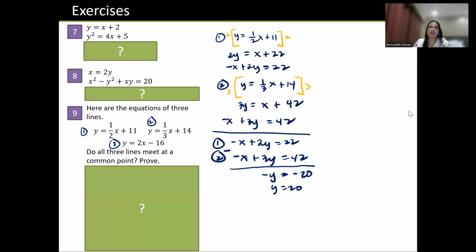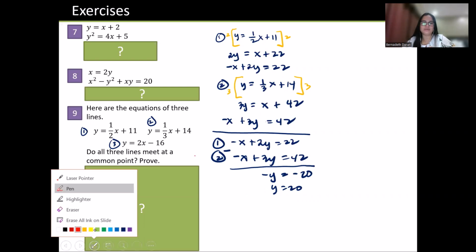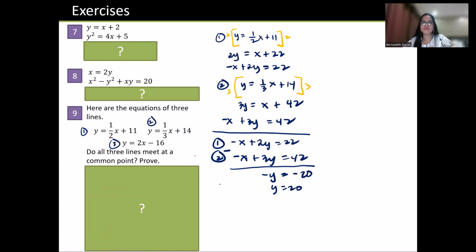So we now have the value of y, which is equal to 20. Now we need to solve for the value of x. So we can now substitute y into either the first or second equation.